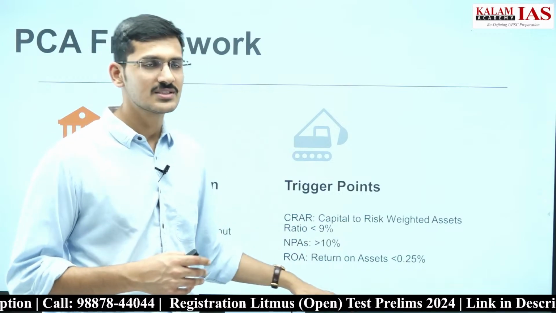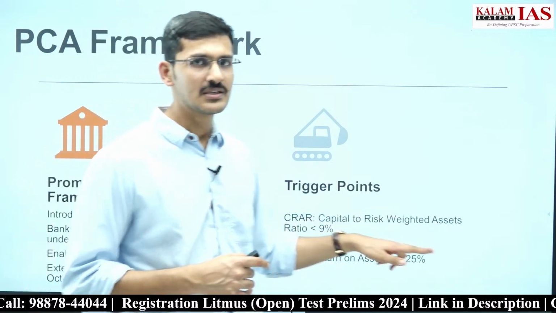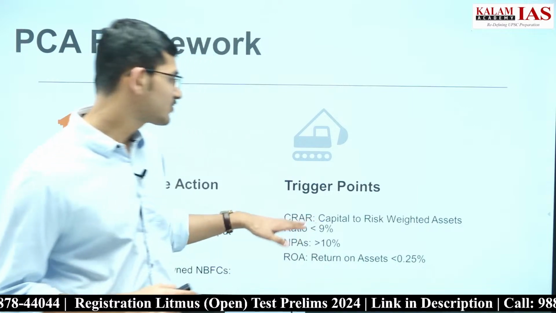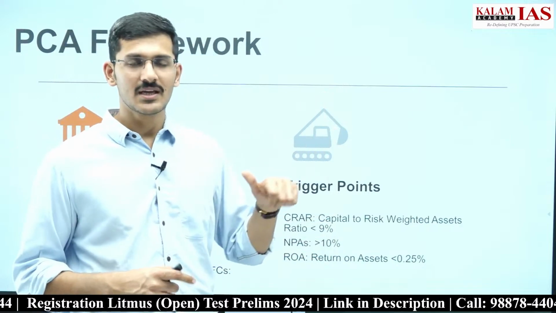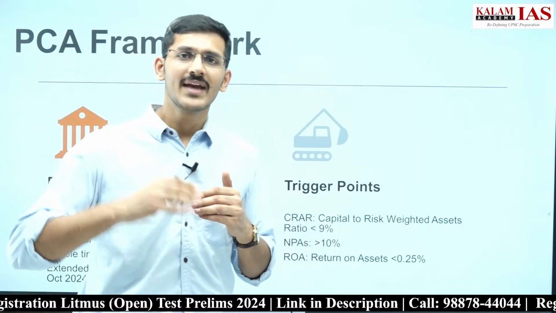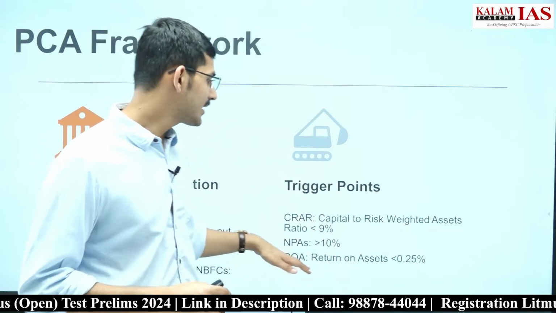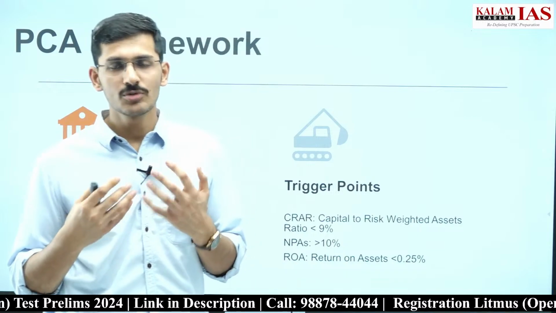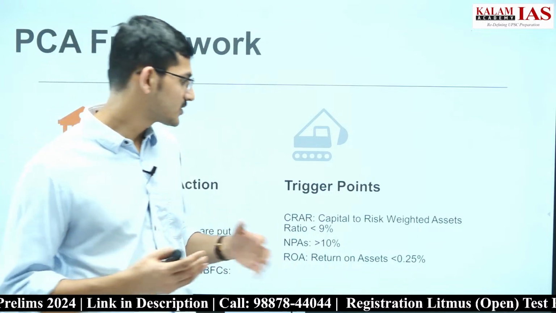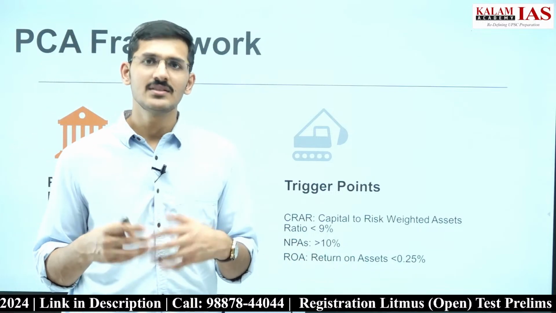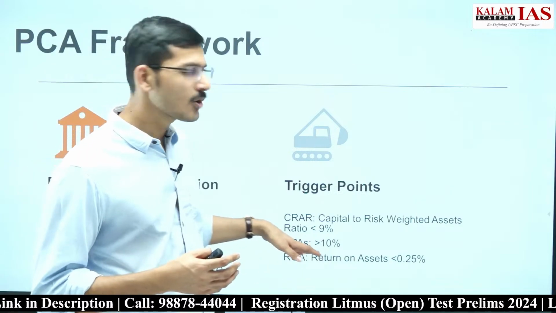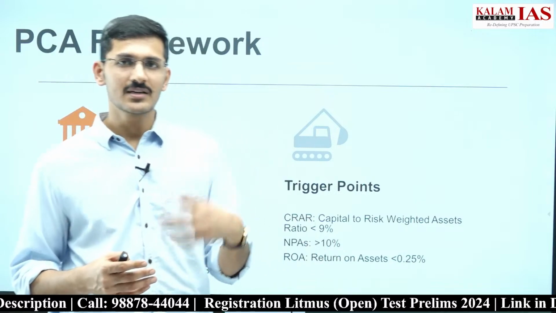If the return on assets is less than 0.25%... So, capital to risk weighted asset ratio, the higher it is, the safer is the investment in that bank. Return on asset, obviously return should be as high as it is possible. So return on asset, higher it is, the better it is for the bank. And the non-performing assets, the lower they are, the better it is for the bank.